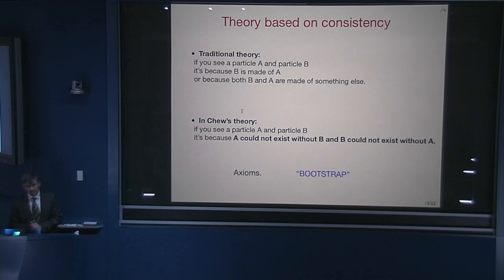And so he tried to formulate some axioms. These were pretty reasonable axioms, based on things like consistency with Lorentz invariance and consistency with quantum mechanics, like probabilities should add up to 1. He tried to put in some extra assumptions, and he called this whole self-consistency scheme Bootstrap.